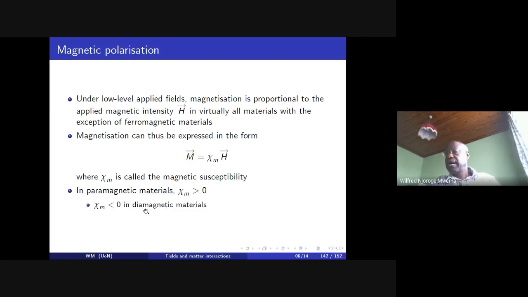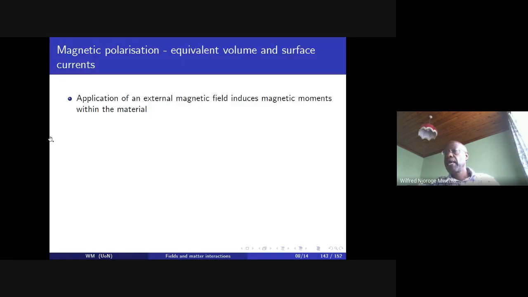Okay, chi_m is negative when the material is diamagnetic, because in diamagnetic materials, the induced dipoles are oriented in the direction that tries to reduce the externally applied field. So similar to the polarized dielectric, we can also replace a magnetized material with equivalent volume and surface currents.